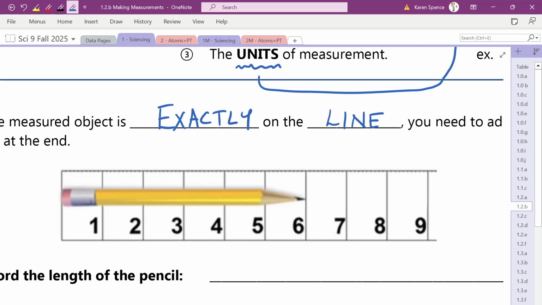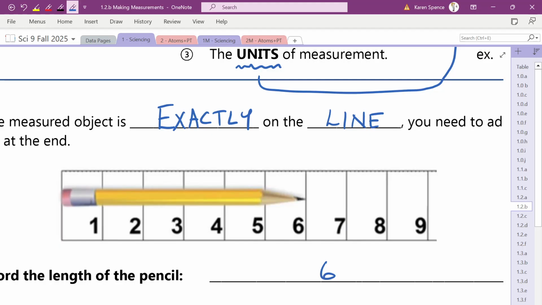We need 1 estimated digit. If I say 6, have I estimated that 6? Or do I know that 6 for sure? For sure. I know that's 6 for sure. I'm not like, ooh, could it be a 5? No, it could not be a 5. It has to be a 6.